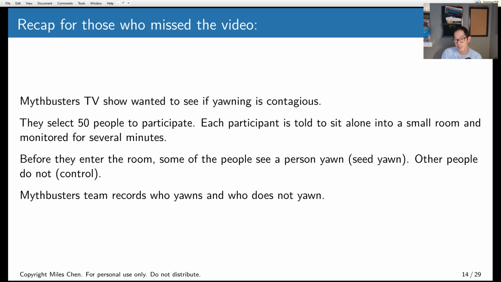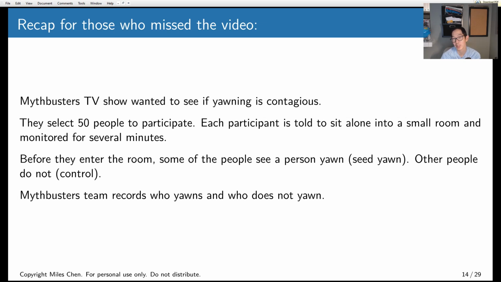That would be the treatment group. Other people did not see anybody yawn, and they sat down in the room. So that formed the treatment group and the control group. Some people saw someone yawn right before they entered, other people did not.